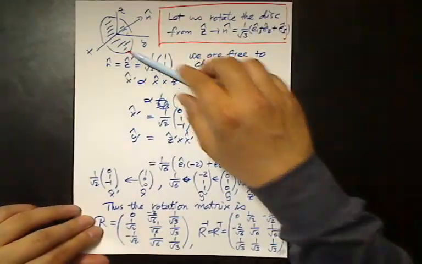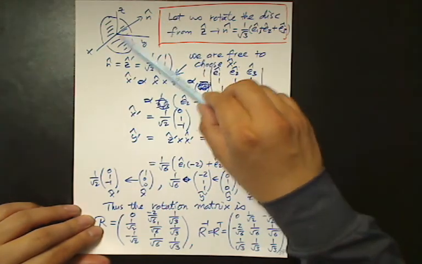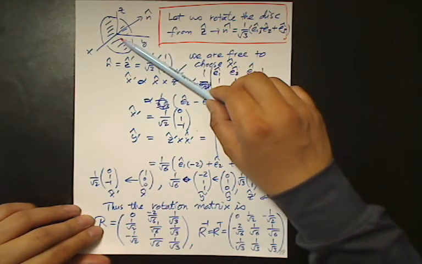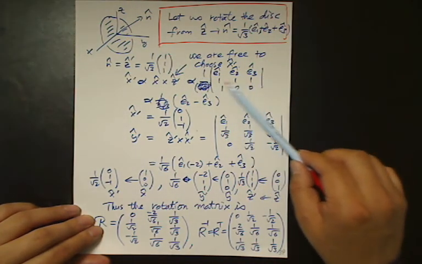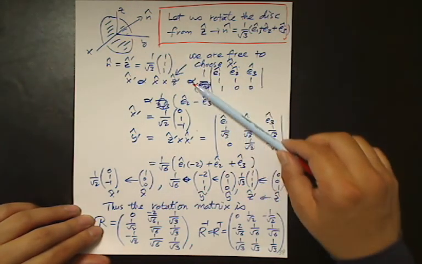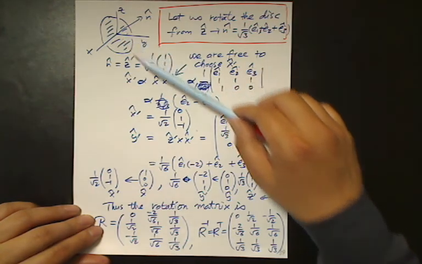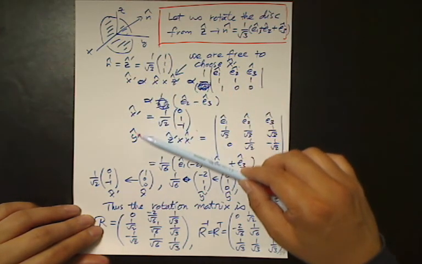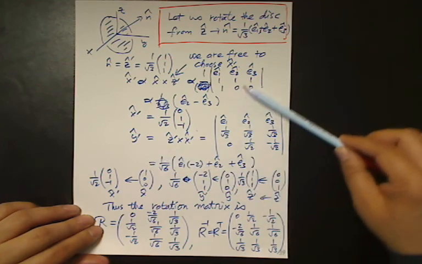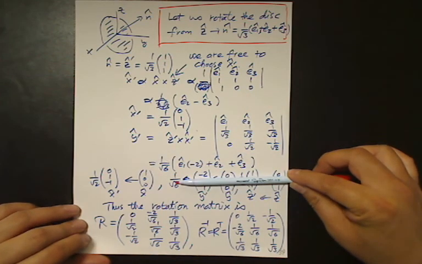We can compute the case when the normal direction is not the z-axis but n hat, and n hat is given in this form. So in that case, we can find the rotation matrix to find the x prime, y prime, and z prime. That can be computed in this way.